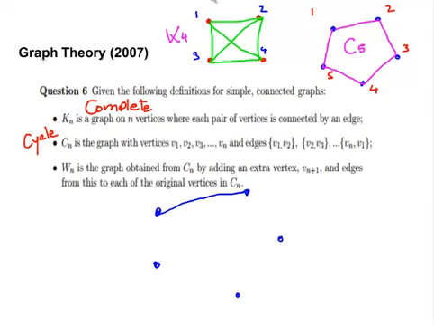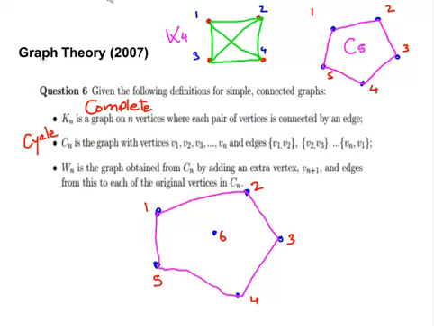Let's put that in magenta. Now an extra vertex is added. Let's put the extra vertex right in the middle, with edges from this extra vertex going back to all of the original vertices in C5.